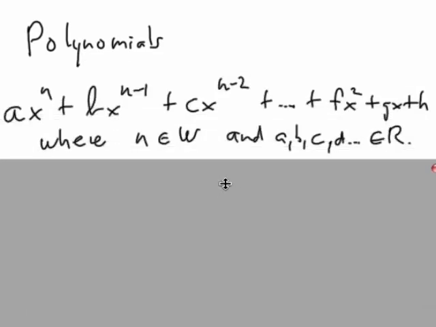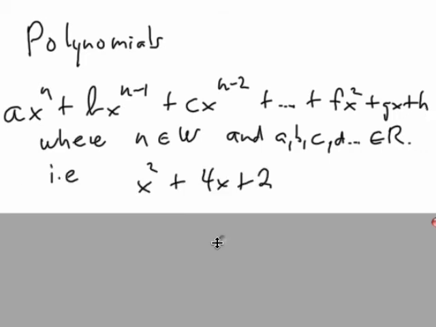A polynomial can be written in this form: a real number times x to a power, plus another real number times x to the power 1 less than that, plus a real number times x to the power 1 less than that. And the powers all go down by a value of 1 at a time. So we might start with x to the 10th plus something x to the 9th plus something x to the 8th, eventually plus something x squared plus something x plus something, where that last one is just a number, a constant.